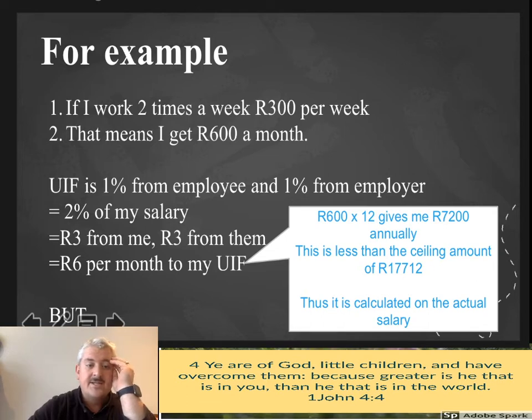So it's 3 Rand from me and 3 Rand from my boss, which is 6 Rand per month paid into my UIF. 1% of 300 is 3 Rand, and that is on a weekly basis, and then 3 Rand from my boss.